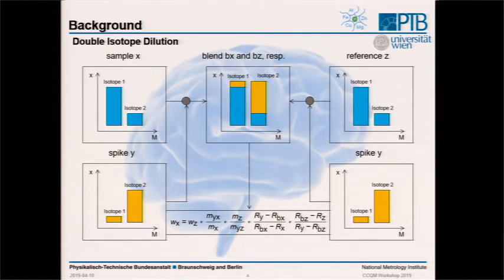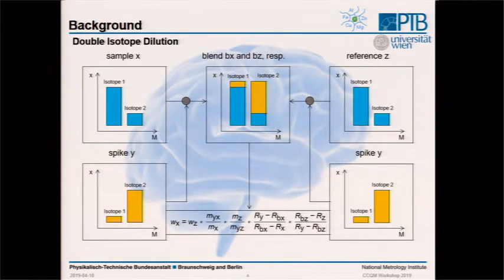In our case for iron it was 57. For other elements, you need other isotopes. And then you produce blends of the sample and the spike and the reference and the spike. And if you measure them, you can in the end calculate the amount of analyte in your samples. That's more or less straightforward.